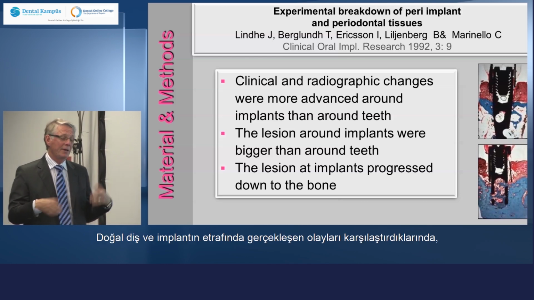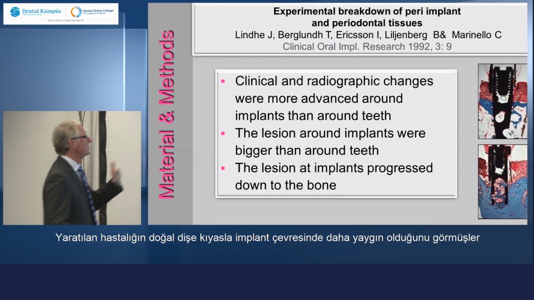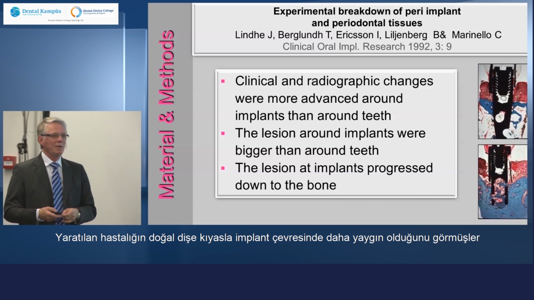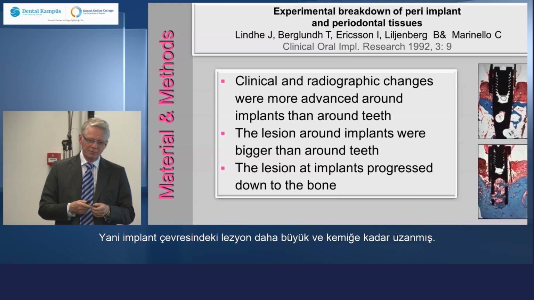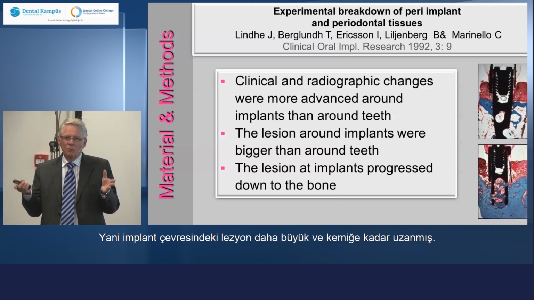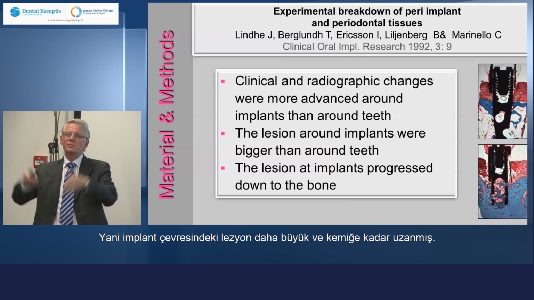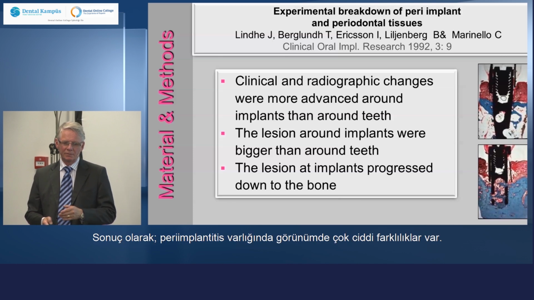And when they compare what is happening around teeth and implants, they see that the disease around the implant is more pronounced than around teeth. The lesion is bigger, and the lesion also progresses all the way down to the bone level around the implants.